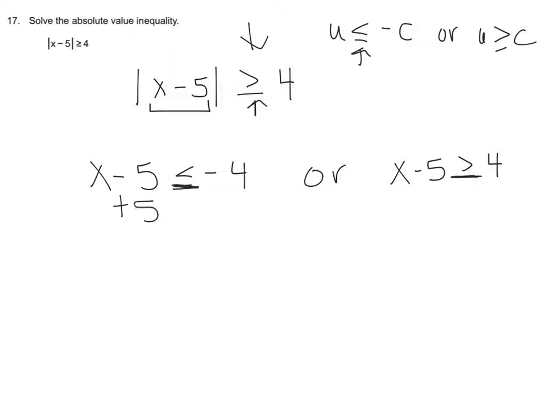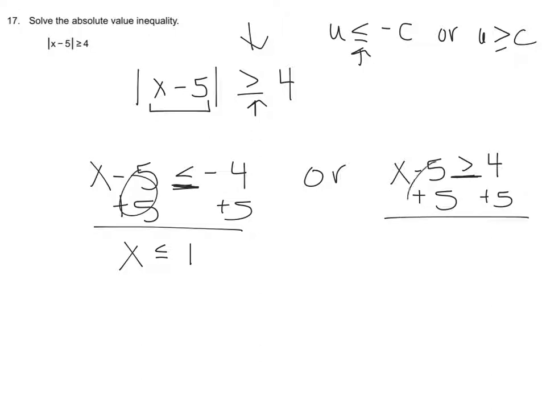I'll add 5 to both sides, and I get x is less than or equal to negative 4 plus 5, which is 1. And then I'll add 5 to both sides in this inequality, and I get x is greater than or equal to 9.